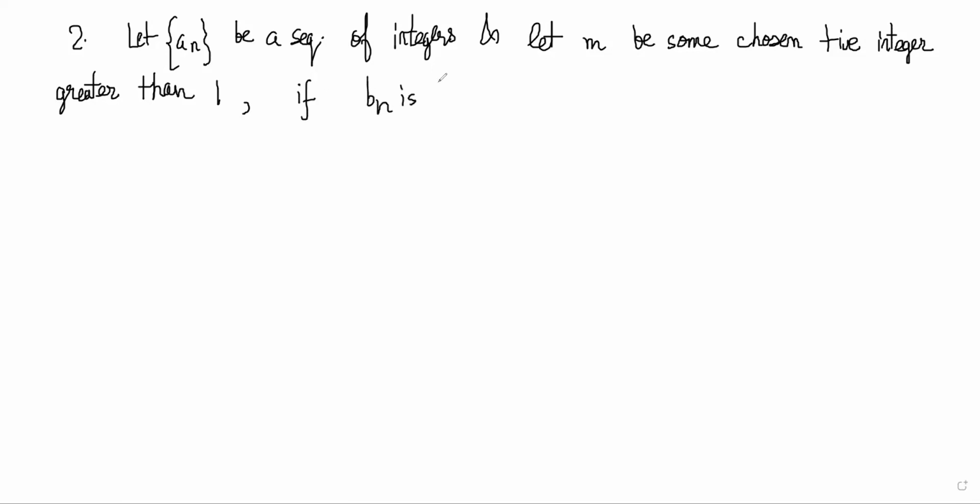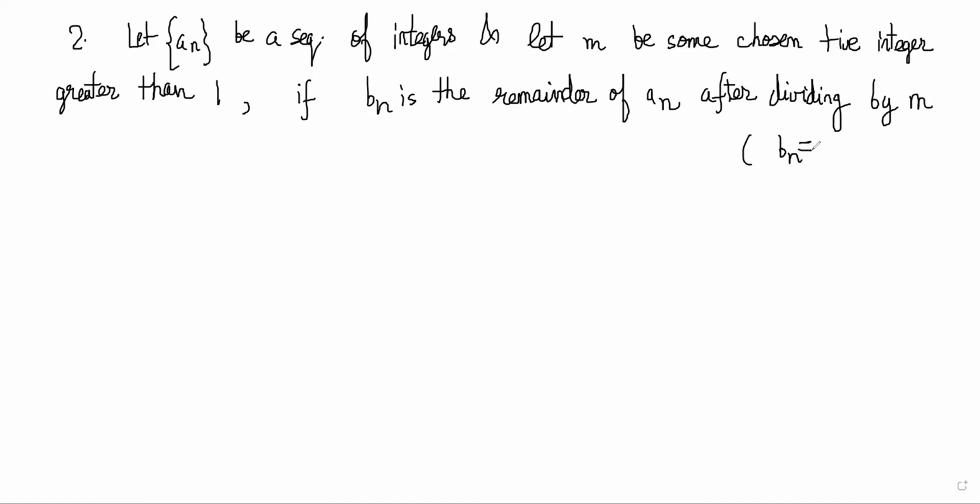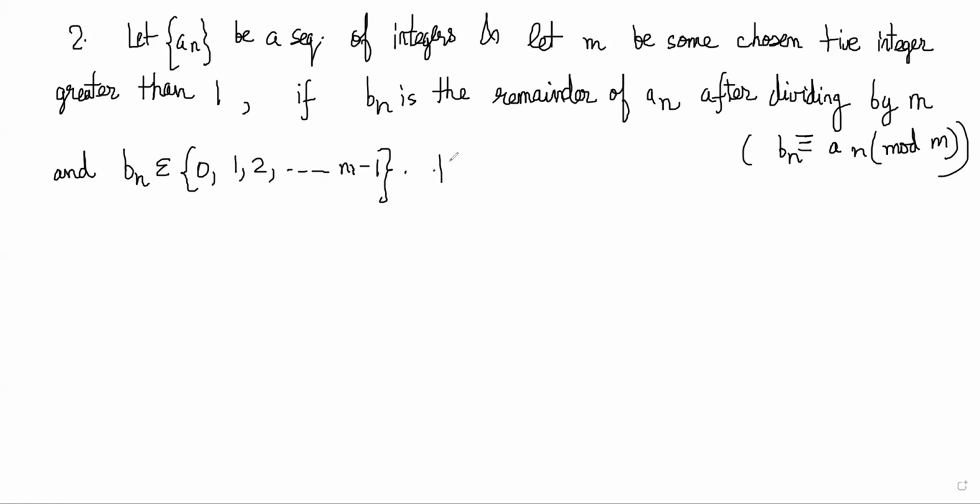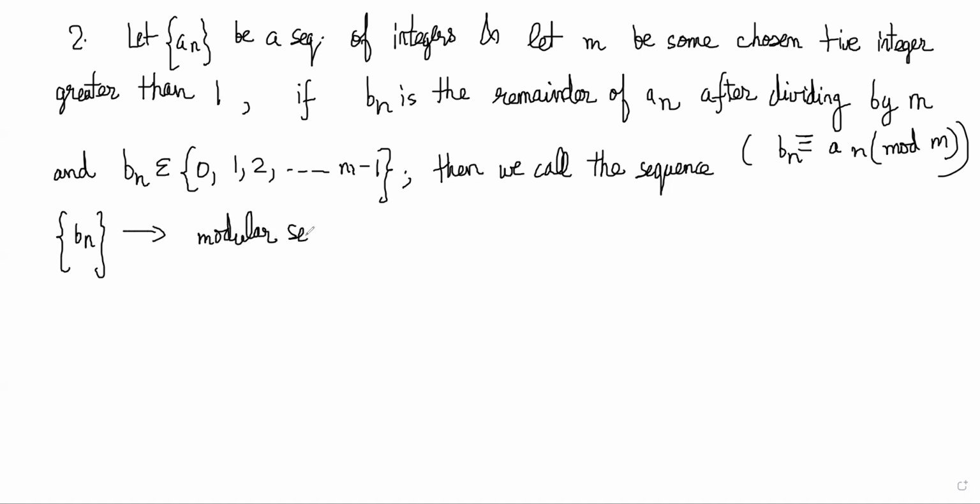If b_n is the remainder of a_n after dividing by m, basically b_n is congruent to a_n mod m, and b_n goes from 0, 1, 2 till m minus 1, then we call the sequence b_n the modular sequence of a_n with respect to m.